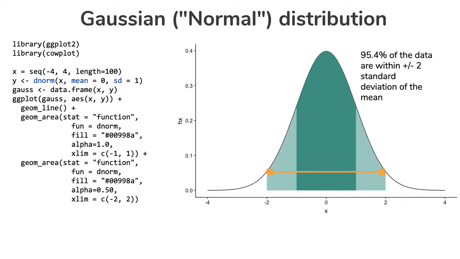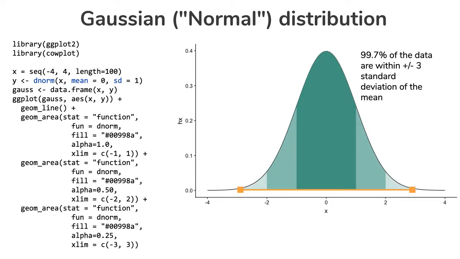When you move out to 2 standard deviations below and above the mean, we get just above 95% of the data. And 3 standard deviations is nearly 100% of the data, 99.7%.